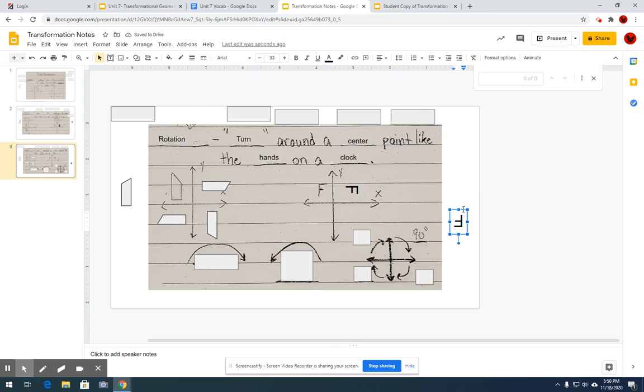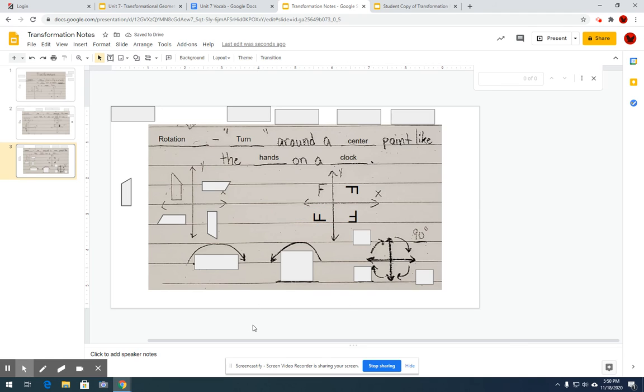We can use this one. Boom. And then the last one is going to end up looking like this. That's what your rotation examples should look like.